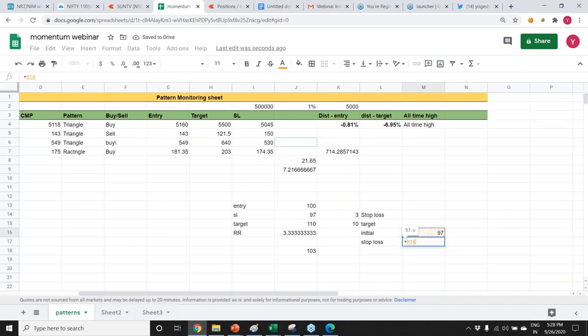So my revised stop loss is 100. Now when price reaches 106, I am in profit by 6 rupees. Here you can trail your stop loss by another 3 rupees and come to 103. So you can always keep on trailing the stop loss this way. You can lock in your profit, and you can also reduce your losses.